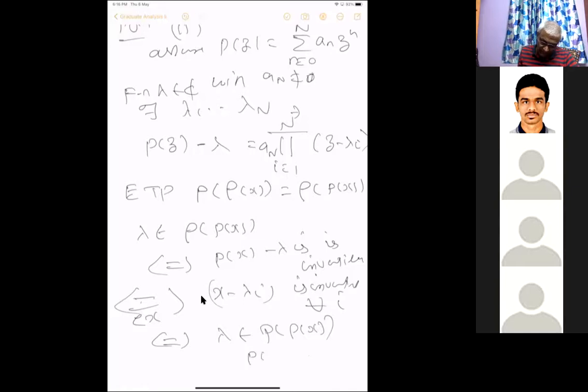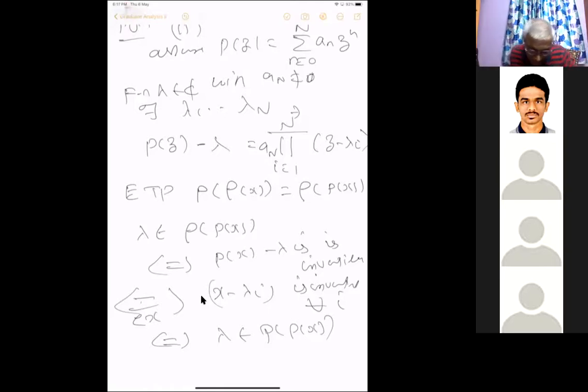So each of these lambdas are invertible. So p of lambda is equal to lambda, because if we substitute in the polynomial equation, then we get that p of lambda is equal to lambda.